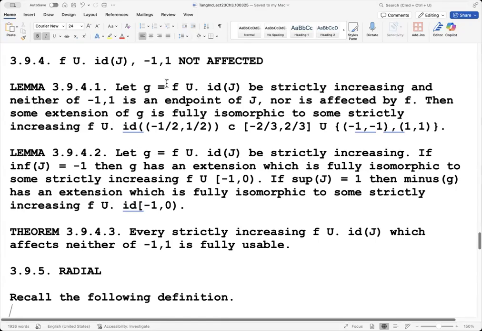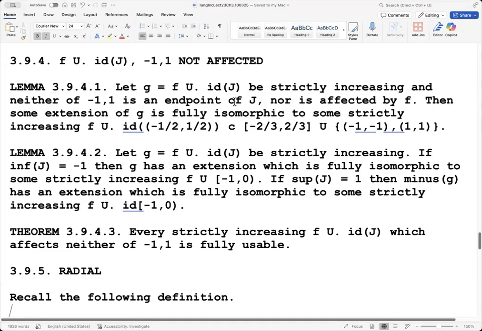All right, so when -1 and 1 are not affected, remember, not affected means either you're not in the field at all or you're the identity there. There's several ways to say that. So if I have the situation where neither -1 nor 1 is an endpoint, so I've got a central interval.